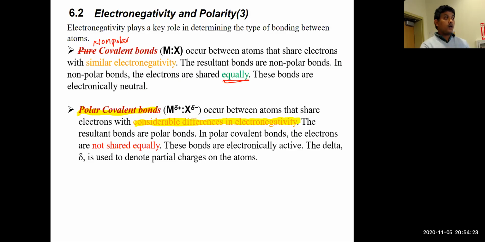So these polar covalent bonds result again because the atoms that form the bond, like hydrogen and oxygen, have considerable electronegativity difference. As a result, they do not share electrons equally. So when they do not share electrons equally, they are electronically active, which is really what we need, right? When they are electronically active, they attract toward each other's molecules, or they participate in chemical reactions.